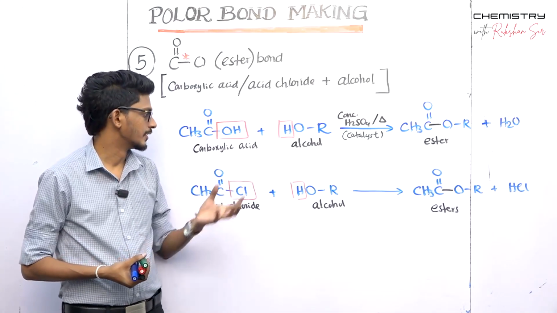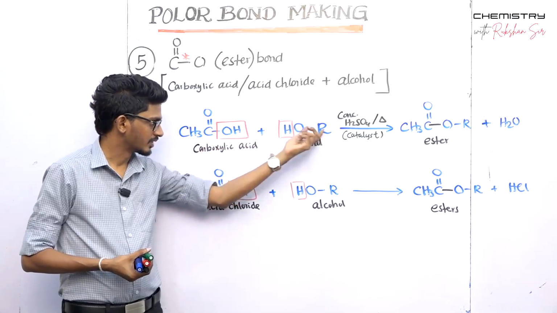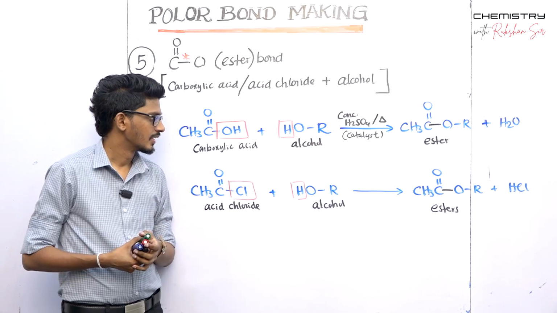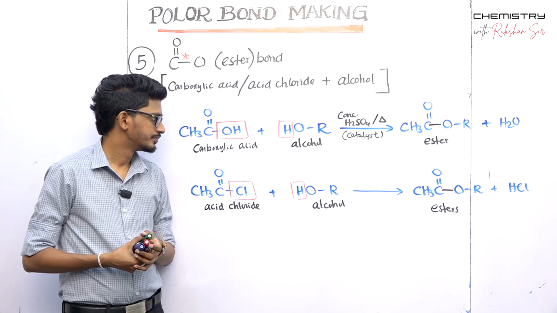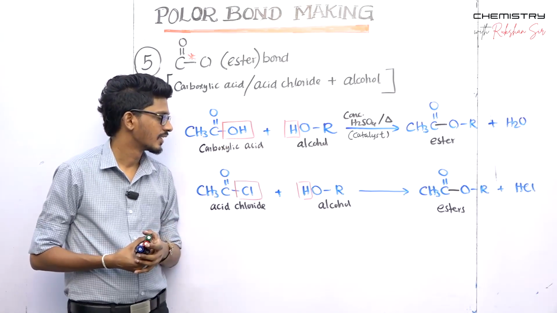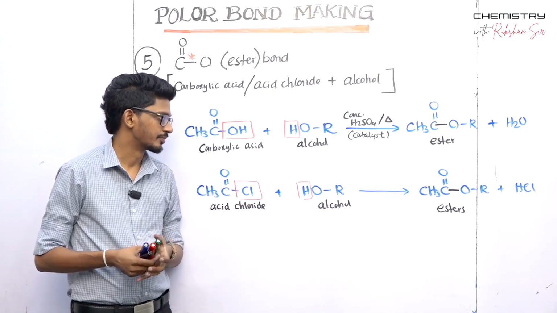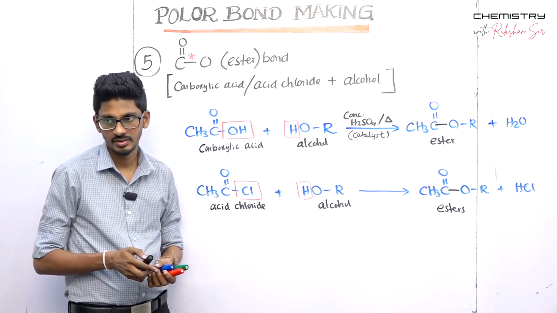With the carboxylic acid pathway, you can do the conversion with one less step.